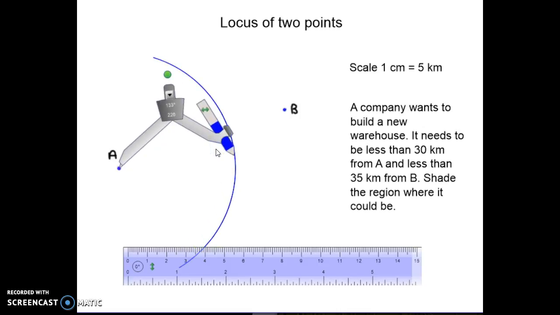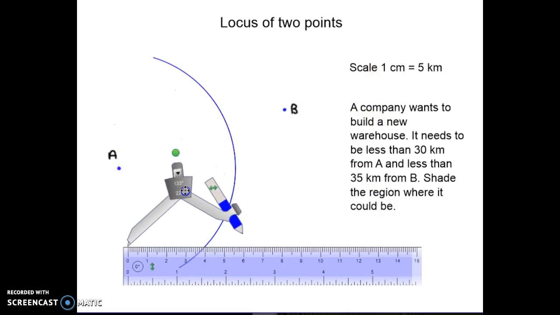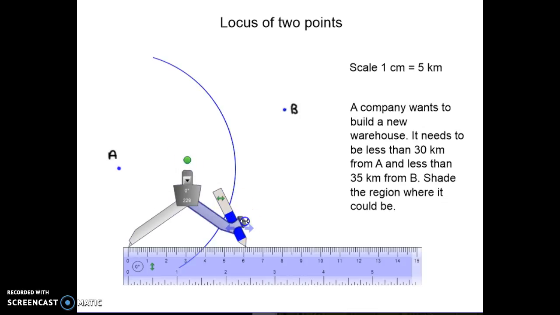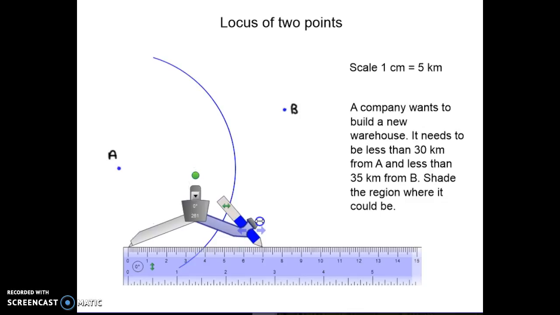For the second part of my question, 35 kilometers is going to be represented by 7 centimeters. So I now need to open my compasses a bit wider. So let me now open that up to 7 centimeters, like so.